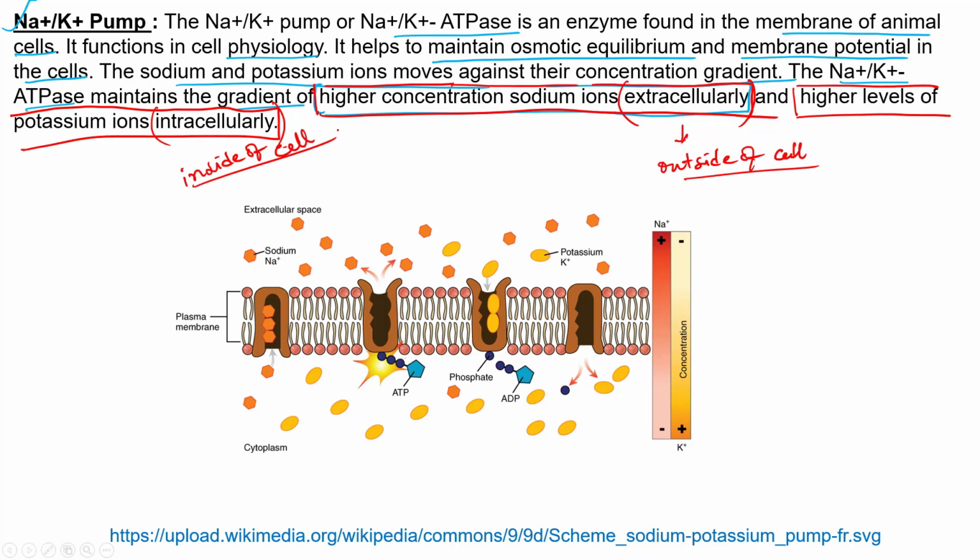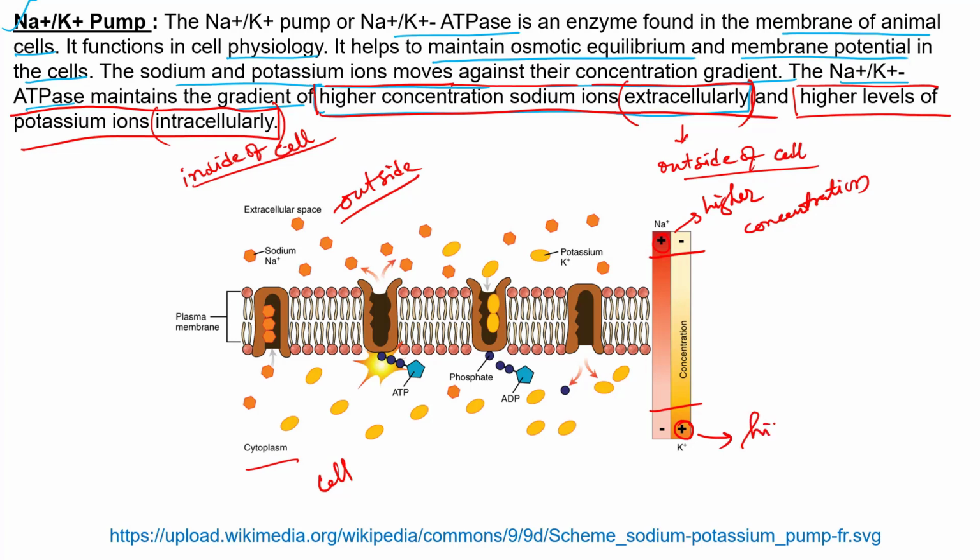Now look at the picture of the sodium potassium pump. Here you can clearly see that this is the cytoplasm, that is the cell, and this is the extracellular space, outside. Outside, in the case of Na plus, it is showing positive, that is higher concentration, and inside the cell, in the case of potassium, it is showing higher concentration.